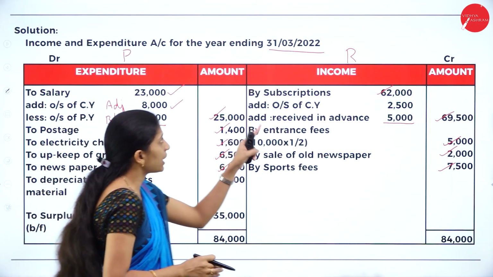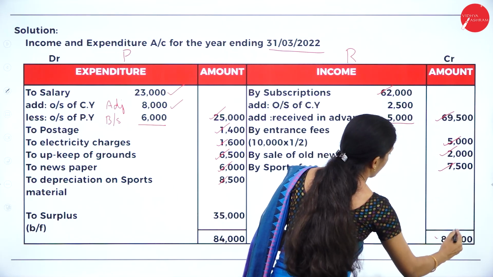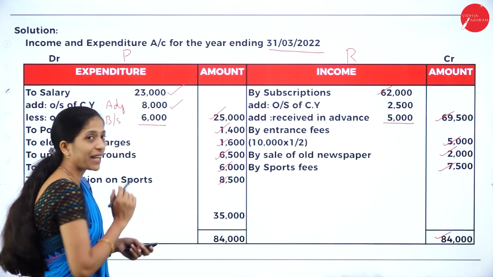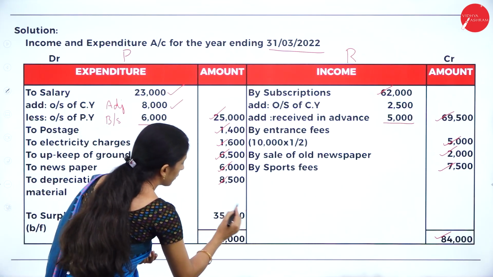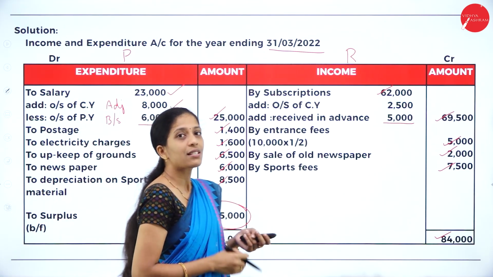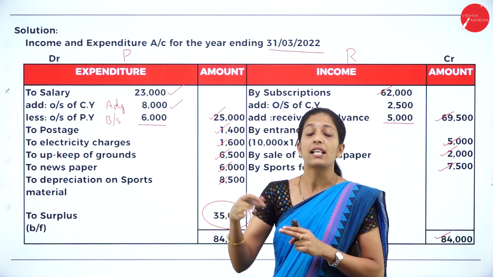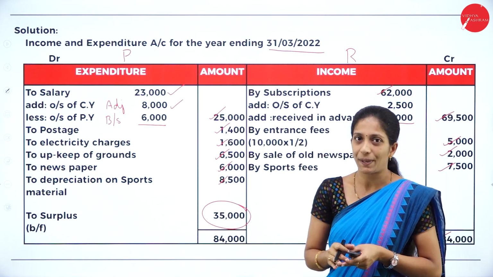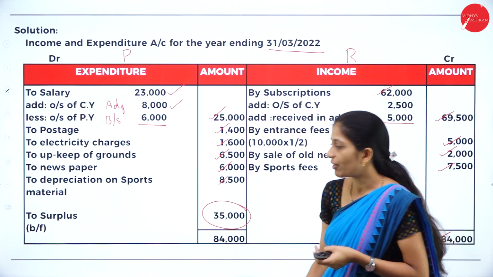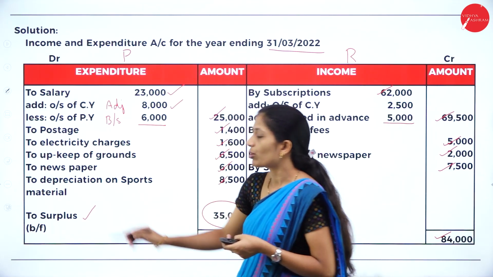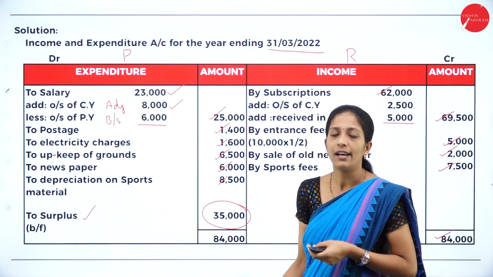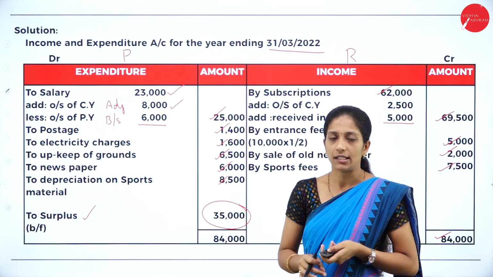Now, if you see the total of credit side, it is 84,000, but the debit side is less. So, we get a balancing figure of 35,000. So, what is this 35,000? Your credit side is more than debit side. In the sense, your income is more than expenditure. So, what is your balancing figure? Surplus. So, you have to write it as surplus. That will be the balancing figure. So, in this problem, it is 35,000.